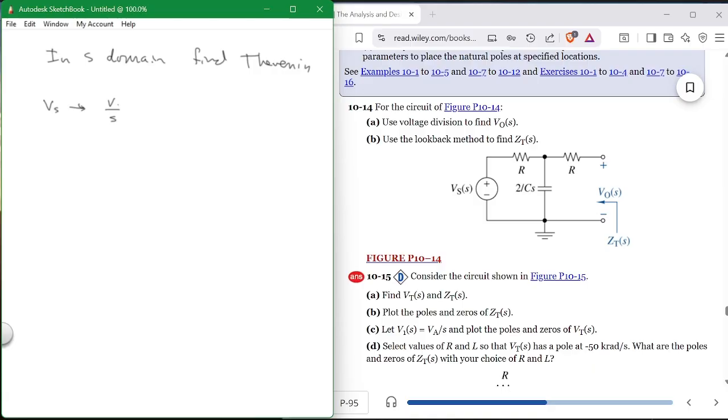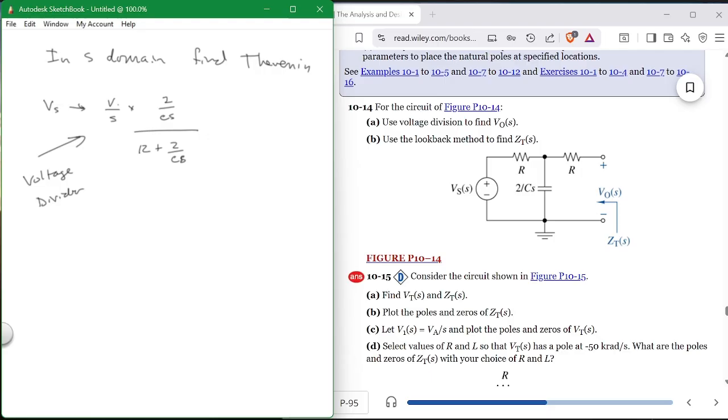No current through that, so what would be V out? It's Vs over S times what? 2 over CS over R plus 2 over CS. What rule is that? Voltage divider. Use the same rules you've learned before.